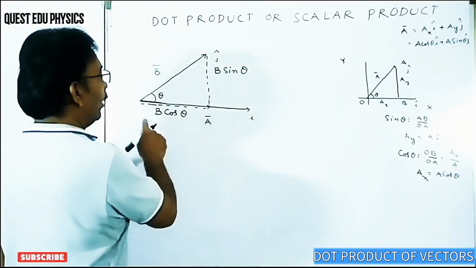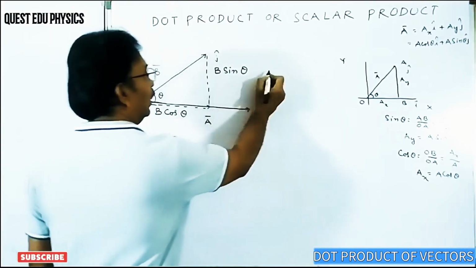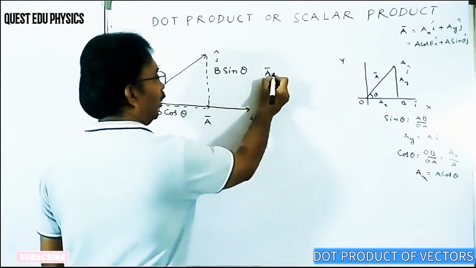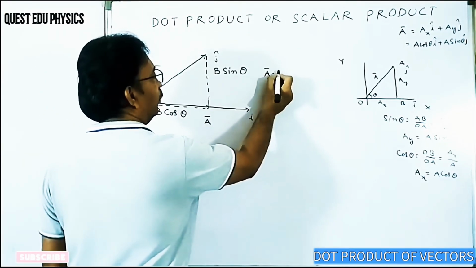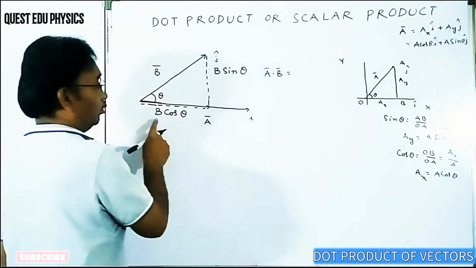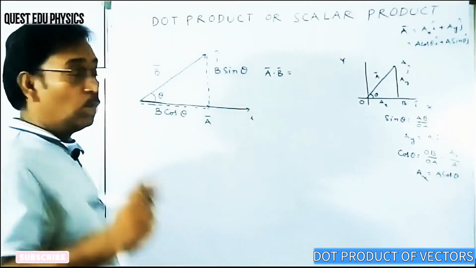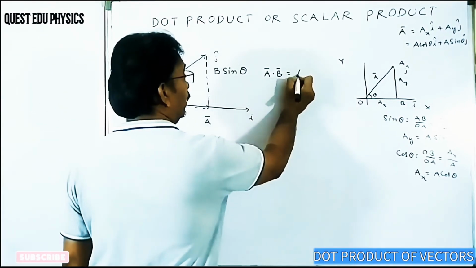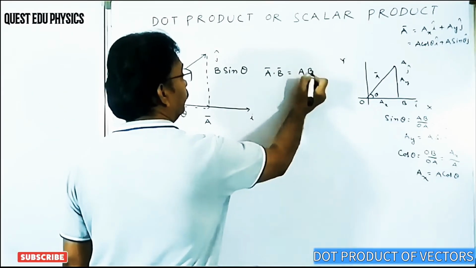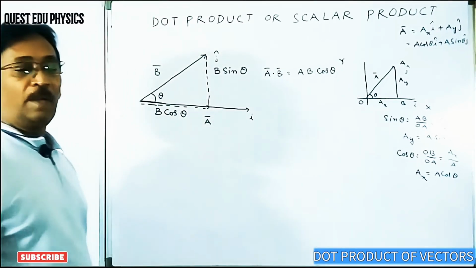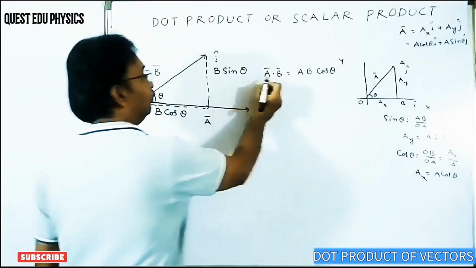Here I am taking the multiplication of these two vectors. It can be done like this: the first vector A bar, according to the definition, dot B bar is equal to the product of the magnitudes of the vectors, A and B, and the cosine of the angle between them, AB cos theta. That is what?